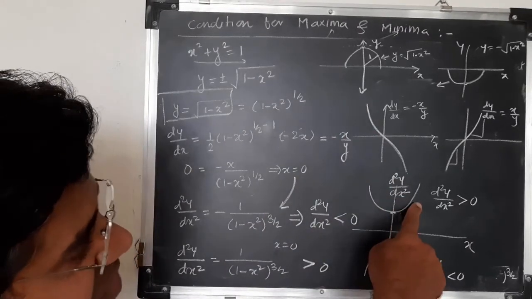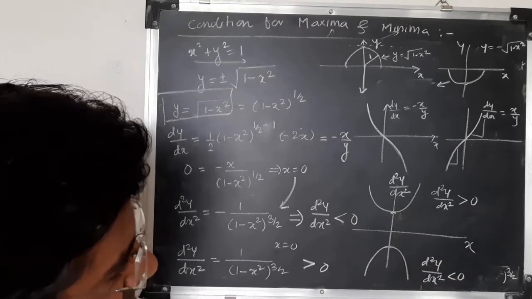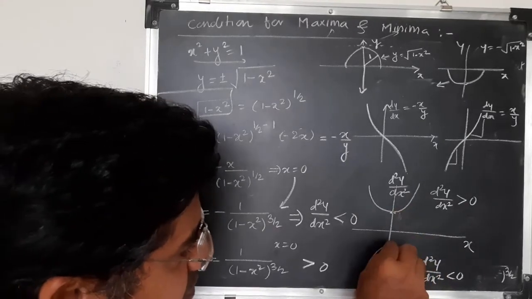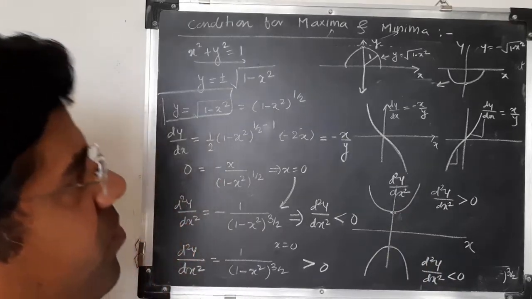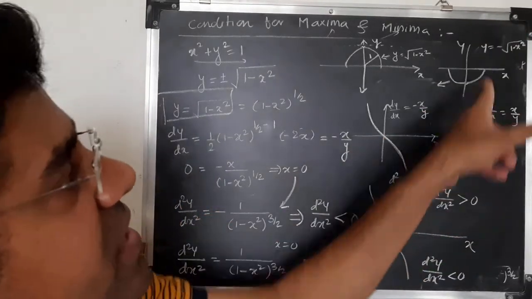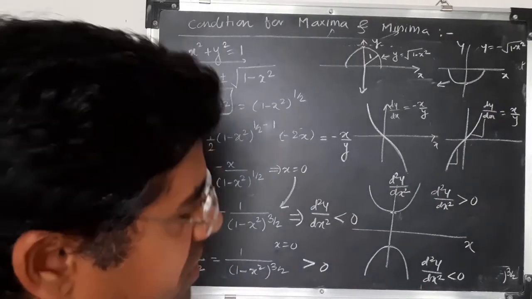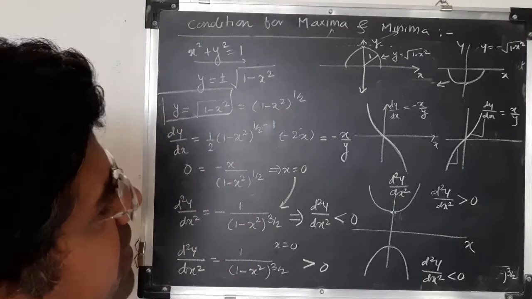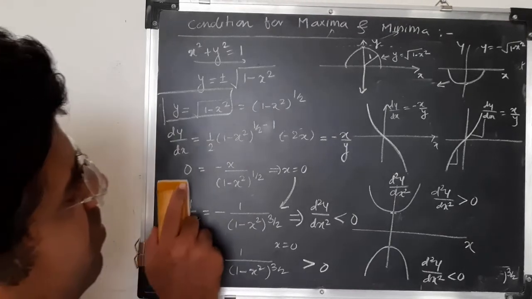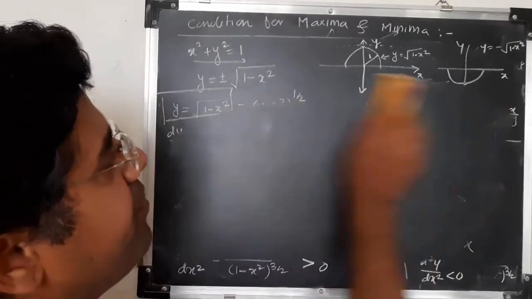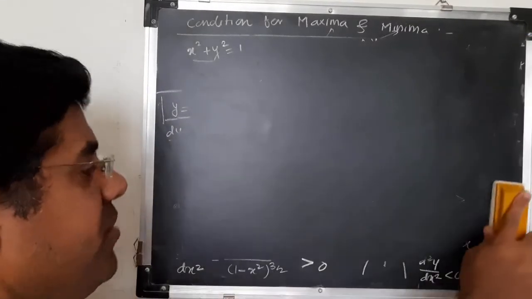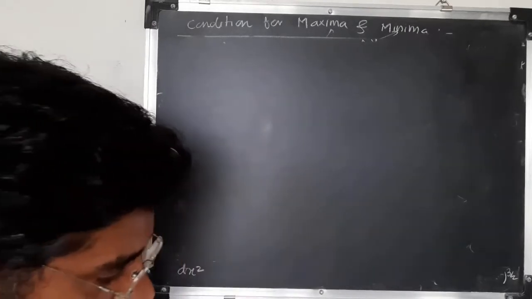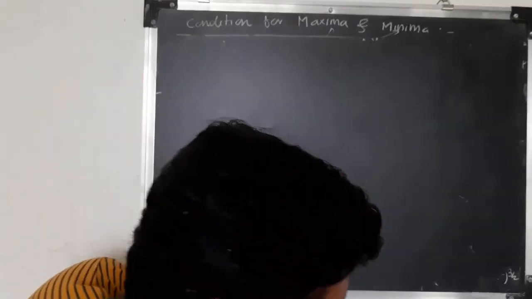So this is your maxima point, and this is your minima point. This nature for that particular curve gives both minima and maxima. So first thing you should remember, the derivative is useful for finding the maxima as well as the minima point.